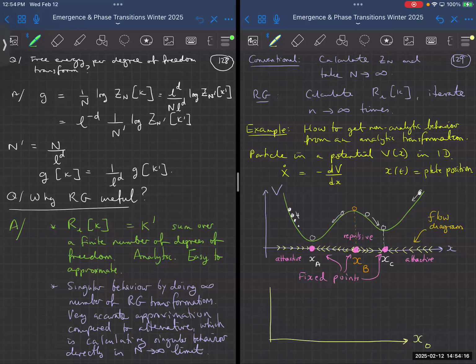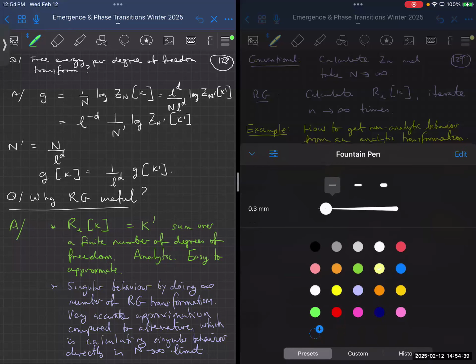So let's call this x, which is x at t equals 0. And then on here, I'm going to draw what happens after I've done a renormalization group transformation by a finite amount of time t as a function of the initial condition. So let's then label our axes.